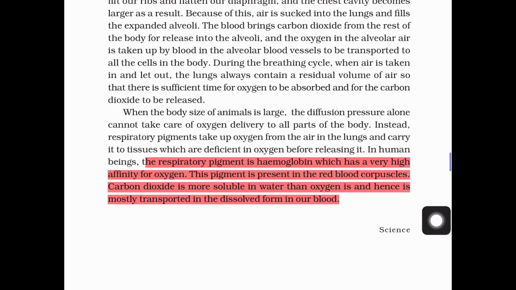Due to the presence of hemoglobin in the red blood corpuscles, it is easier for the blood to carry oxygen to all the cells. And one thing to be remembered: carbon dioxide is soluble in water and also in blood, so it is easily transported from different parts of the body to the lungs in the dissolved form.